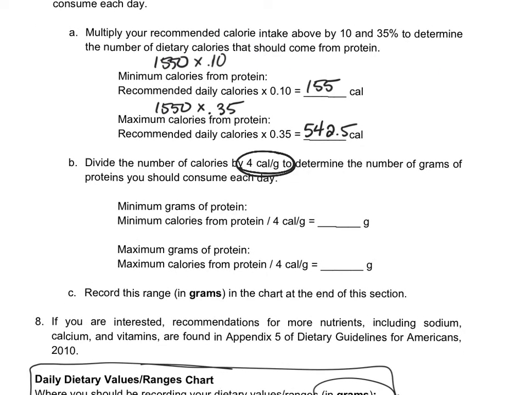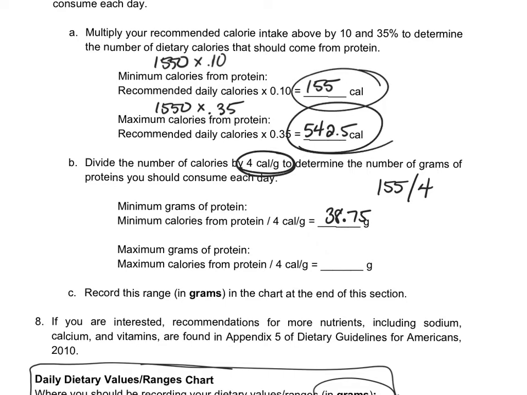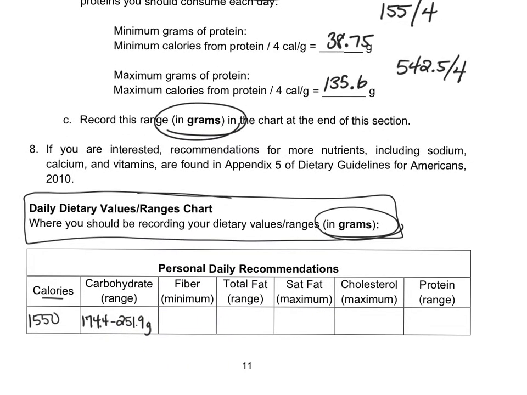Protein is 4 calories per gram. So we take our minimum in calories divided by 4, which gets me 38.75 or 38.8. And then my maximum, 542.5 divided by 4, is 135.6 grams. Okay, so record this in grams in the chart, which happens to be right here.